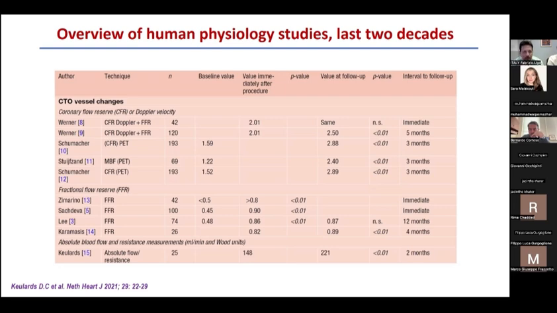Werner performed a fantastic and elegant trial 20 years ago. It's crazy, with the consideration of the Doppler CFR and the FFR.